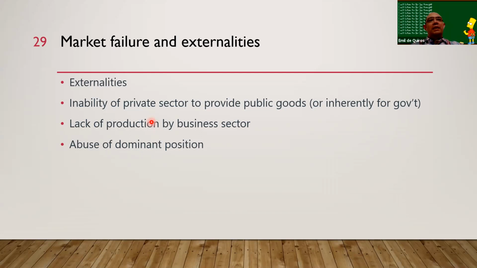It's too expensive, there's no business case, government steps in and covers for it. Because they're in business, that's why they're called business, sometimes government has to step in, because the private sector doesn't respond to needs.